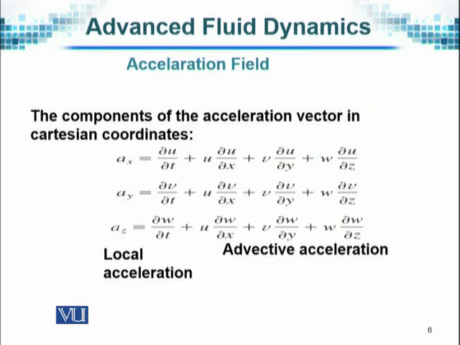Separately, if I want to write down the acceleration field, ax will be written as this, ay and az as shown. The three components are known as advective acceleration, while this term is known as local acceleration.